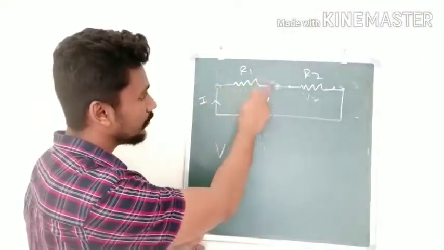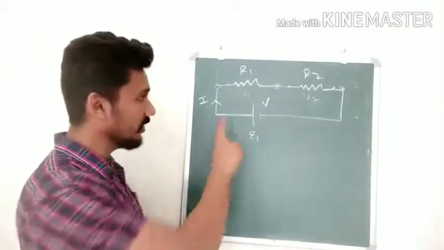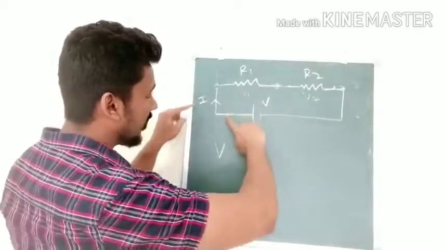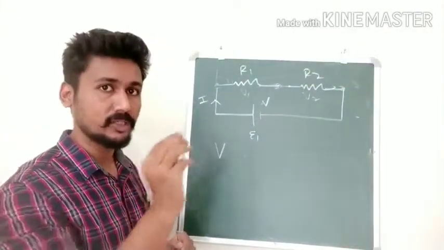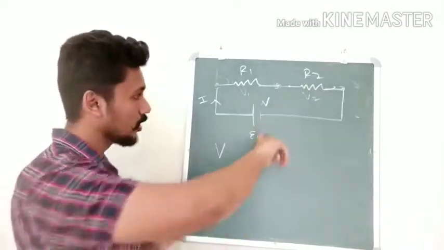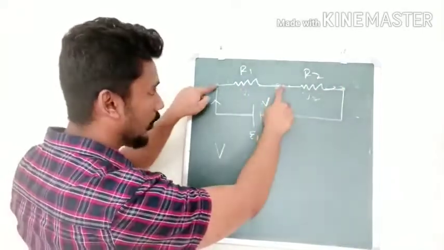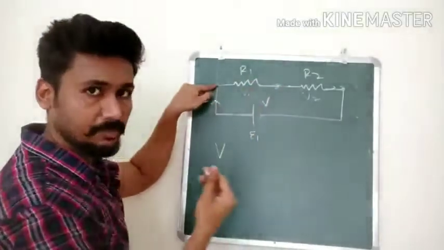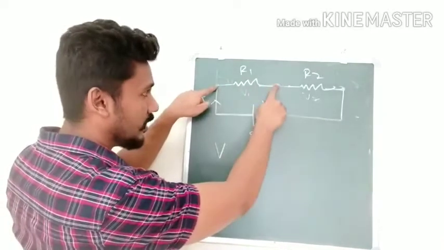How much is the change in potential for R1? It will be minus V1. Why minus V1? From here to here, see, we are going along this loop. For Kirchhoff's rules, the direction of the loop is very, very important. So from here to here, you can see there is actually a decrease in potential. Here we had high potential, here we had low potential.